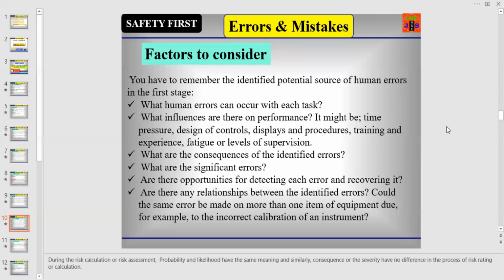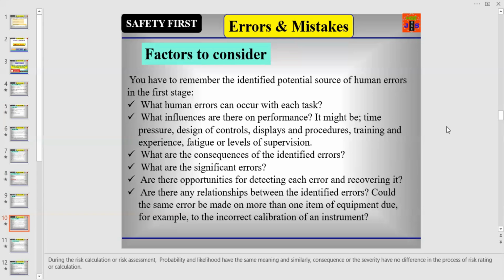What human errors can occur with each task? What influences are there on performance? It might be time pressure, design of controls, displays and procedures, training and experience, fatigue, or levels of supervision.